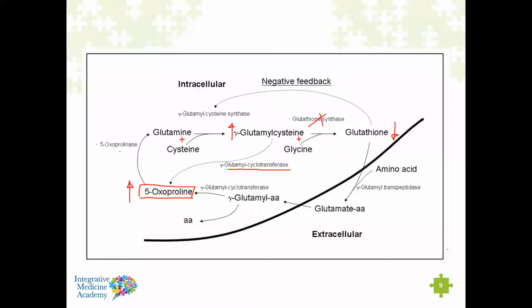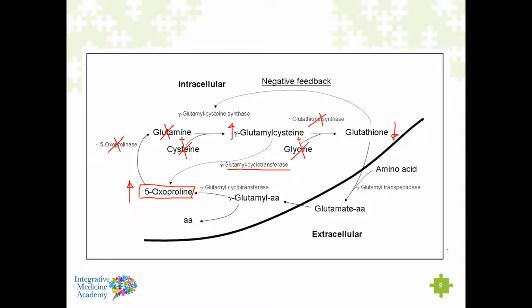We know that if there's a genetic defect in the oxoprolinase, that can also cause pyroglutamic to go up. It certainly would be possible to have a deficiency of cysteine. That could cause our pyroglutamic to go up as well, or even a deficiency of glutamine or glutamate could cause an increase in pyroglutamic. You might even make the case that a glycine deficiency could lead to a problem there as well.